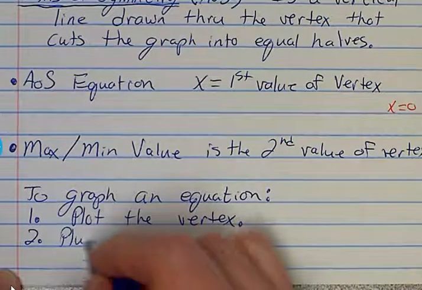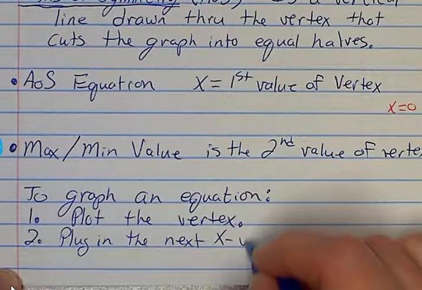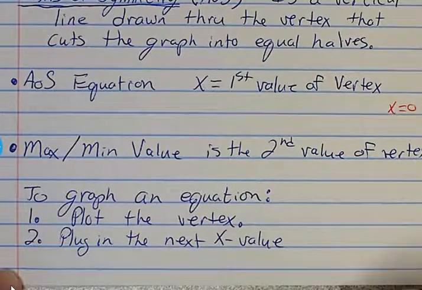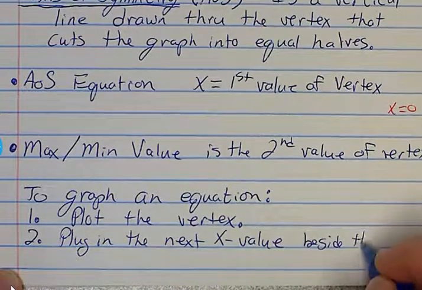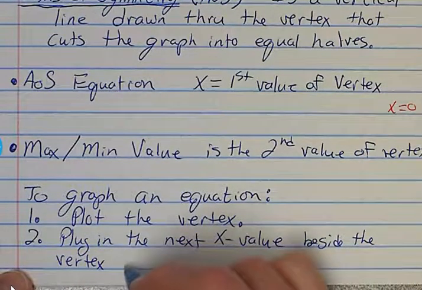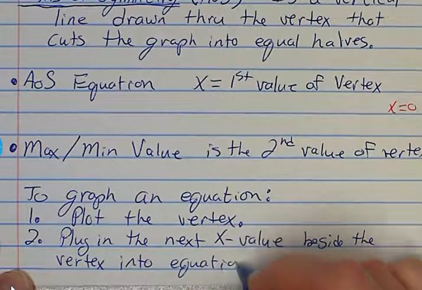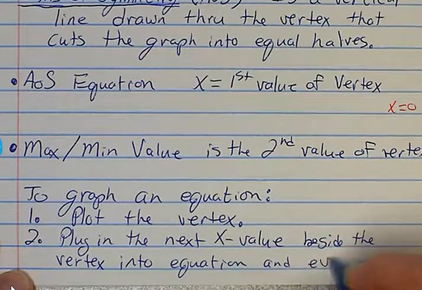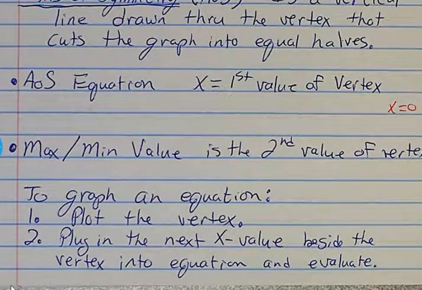You're supposed to plug the next x value beside the vertex into the equation, and then you have to work it out, or evaluate it. And what that does is it gives you the next point that's on the graph. Here's where we're going to cheat just a little bit. Yeah, we're supposed to do this, but we're going to cheat.